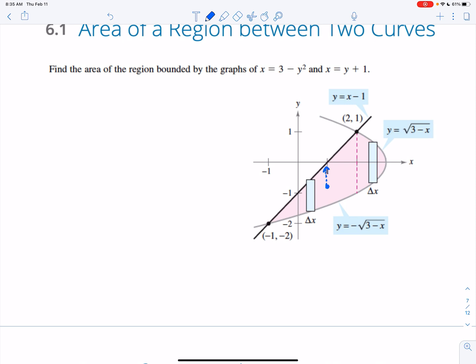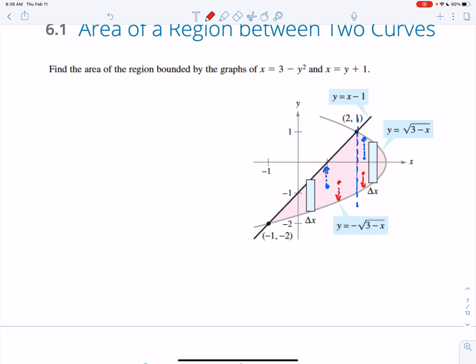But notice how if I stood over here and I walked up, it was the parabola. Okay? So right at this pink line, the top functions changed. Now, if I stood here and I walked down, it's still that parabola. And if I walk down here, it's still that parabola, right?